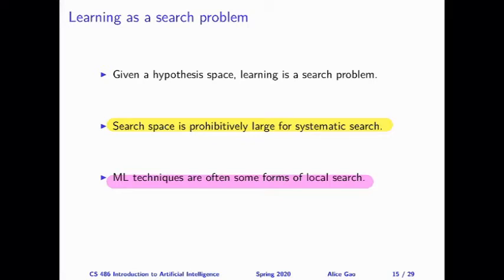So this is a function we can use to evaluate each hypothesis in our space to compare them, to tell which one is better, which one is worse. Finally, we need to define a search method. So given this space, which is often prohibitively large, how do we look through it to find the best hypothesis that fits the data?